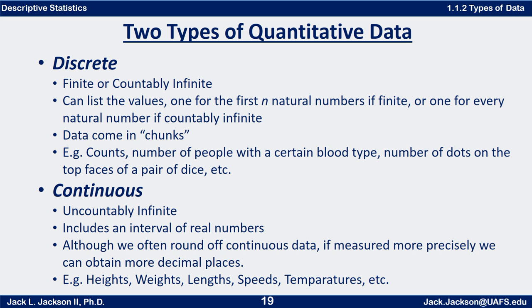For example, heights are continuous data. In the United States, we would round this off to feet and inches. So you might say you're 5 foot 8 inches tall. You're rounding it off to the nearest inch. But in reality, if we were to measure that closely, we could get closer and closer and do more and more decimal places.